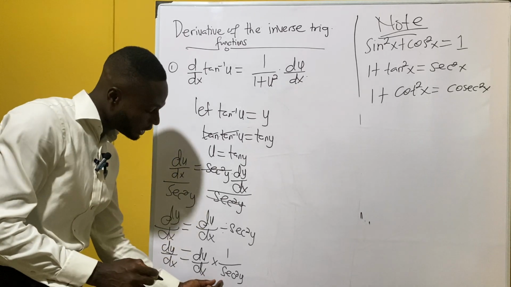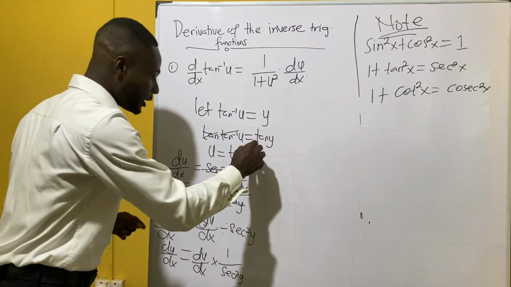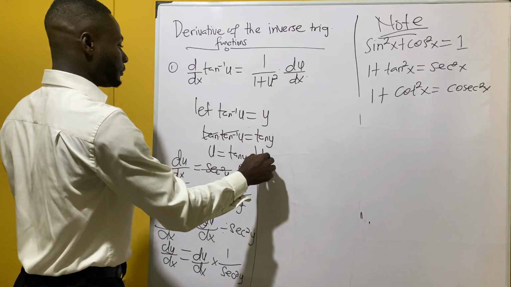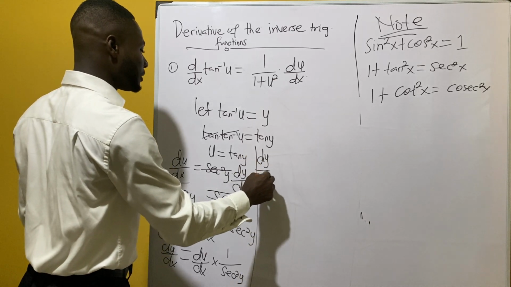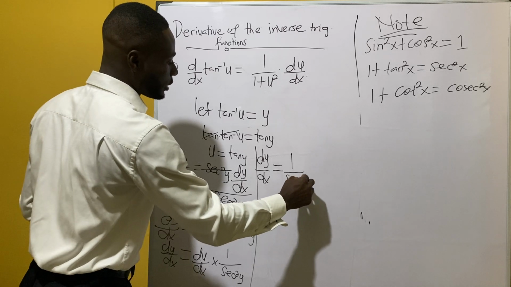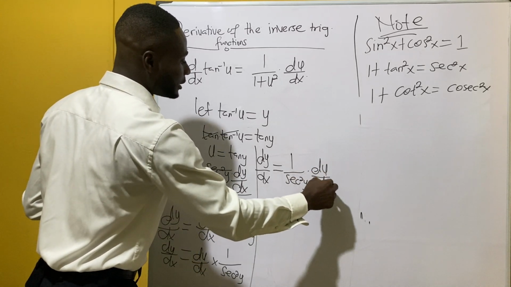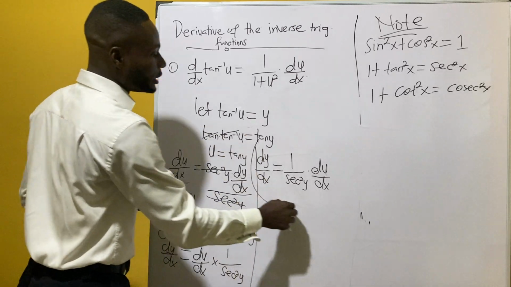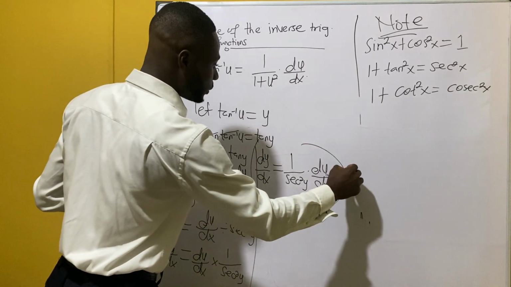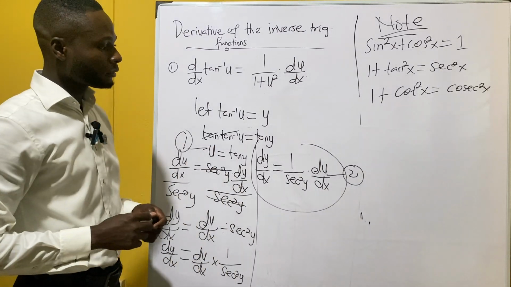Good. So bring the 1 over sec squared y in front, then send this back. So we have dy dx equals 1 over sec squared y du over dx. So we name this equation 2, and then this equation 1, right?